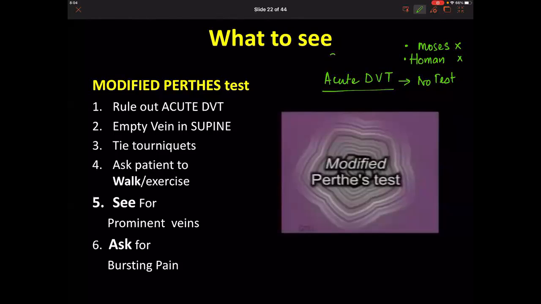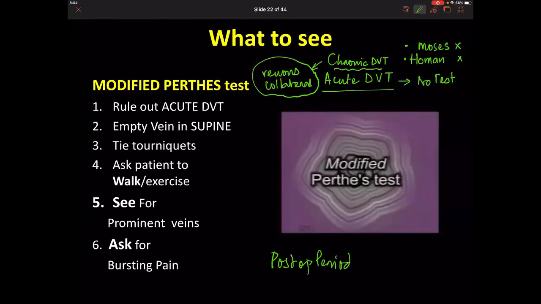In a chronic DVT, yes, you may ask the patient to walk with the hope that it forms something called as a venous collateral. But again, this is not a very happy event or a very good treatment for this. In a post-operative period, remember, why should people be encouraged to walk? To prevent a DVT.